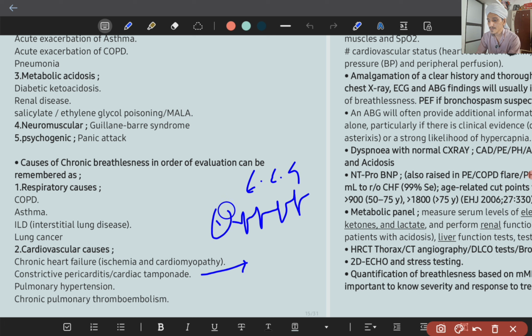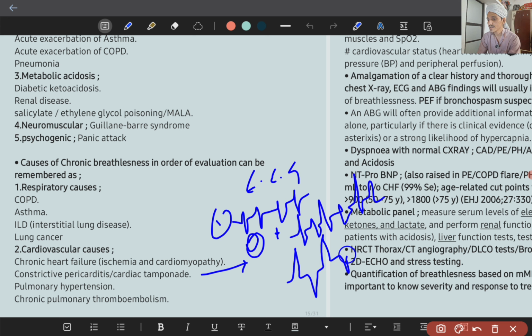Along with that, there is a sign called electrical alternans, where one QRS will be long, one short, or one will be positive and one negative. This is called electrical alternans, and it occurs because of the to-and-fro motion of the heart in the fluid. When the heart moves towards the lead, it becomes positive. When the heart moves away from the lead, it becomes negative. So that's why there is electrical alternans.